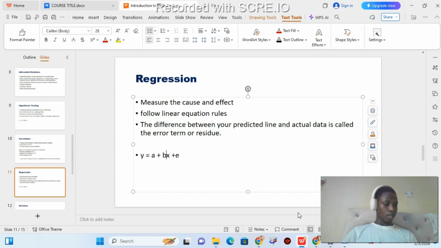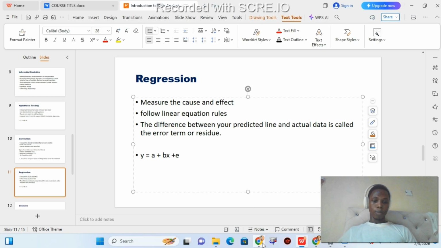So which one is dependent and which one is independent?